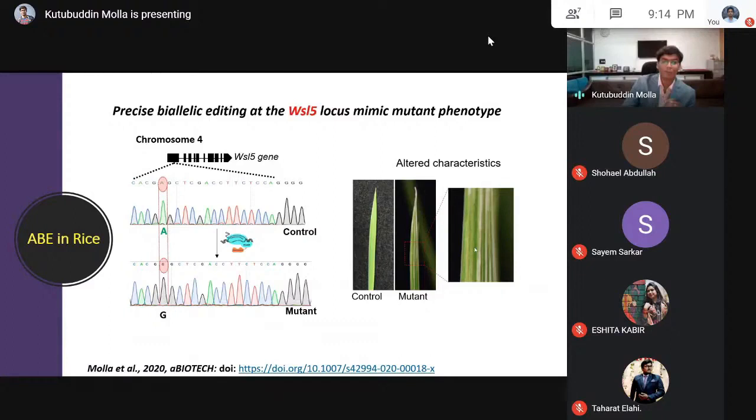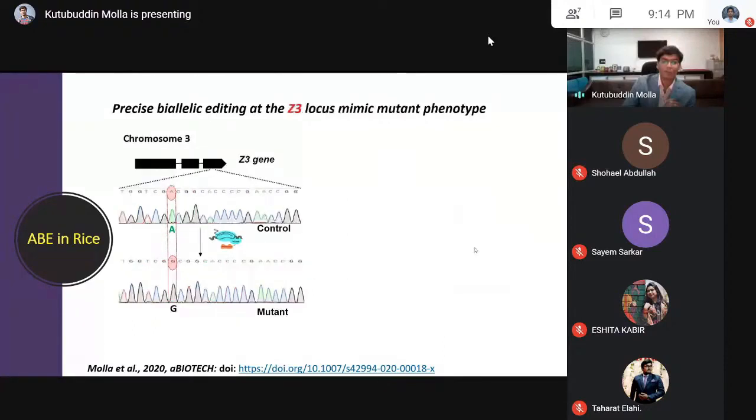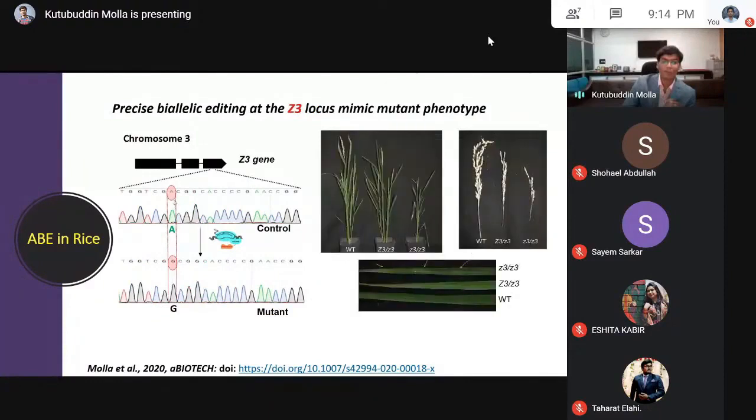So you can imagine that this technology is able to change specifically a single targeted letter of your gene, and it could translate into a phenotype. Now for the next example, similarly for Z3, our target was this A and we wanted to change it into a G, and we found a similar result: the green peak has been changed to a black peak.